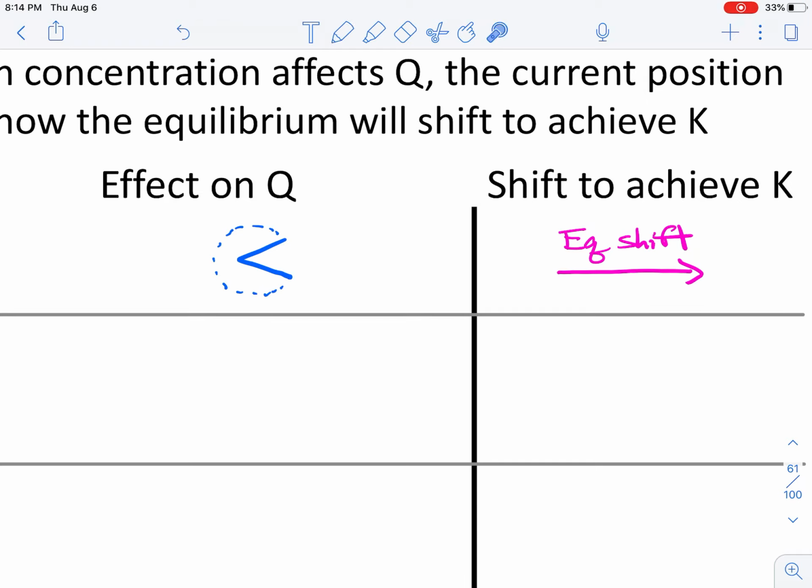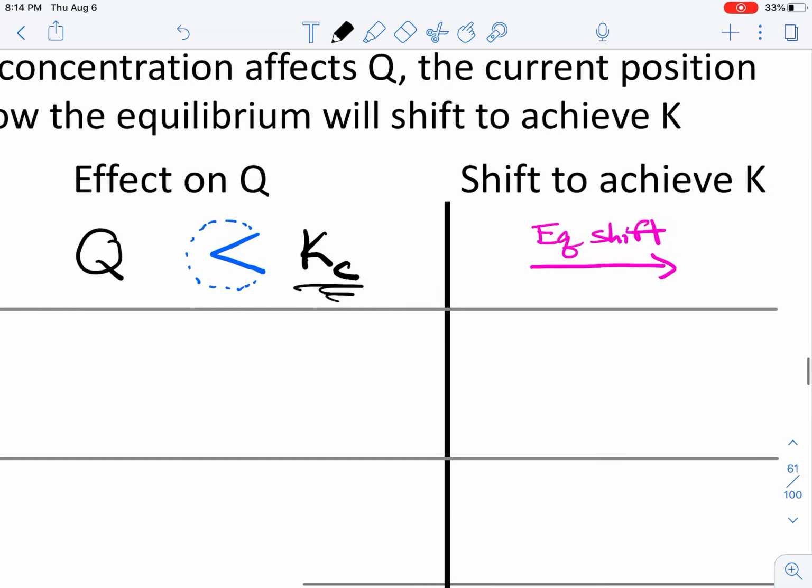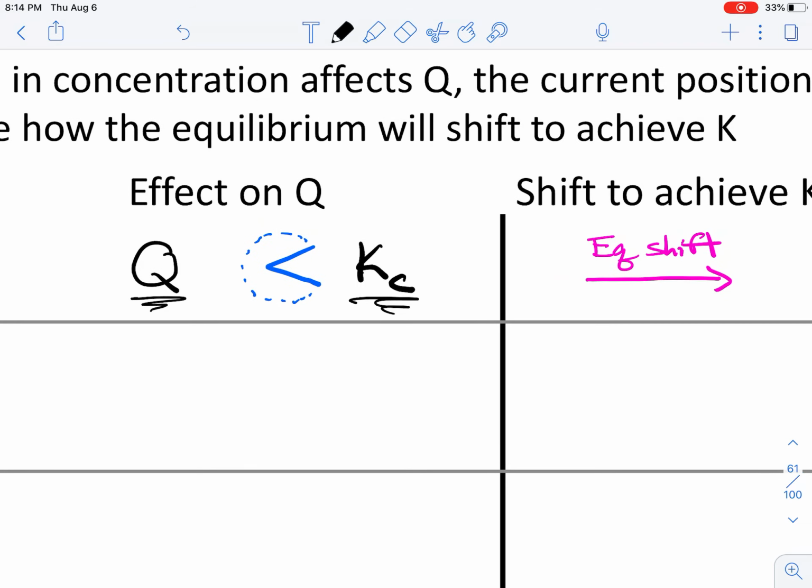Since the equilibrium is shifting to the right, the inequality points towards the right, where the equilibrium constant Kc is written on the right, and the reaction quotient Q is written on the left.